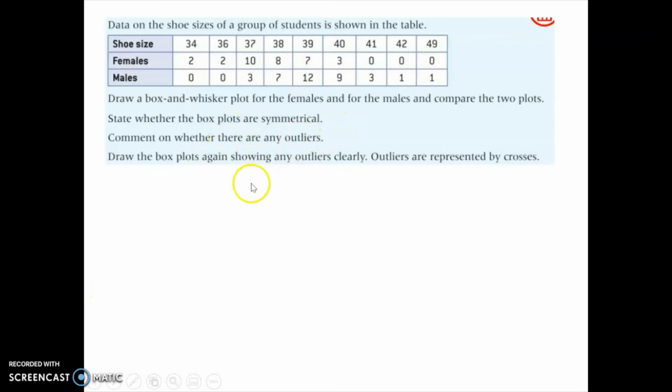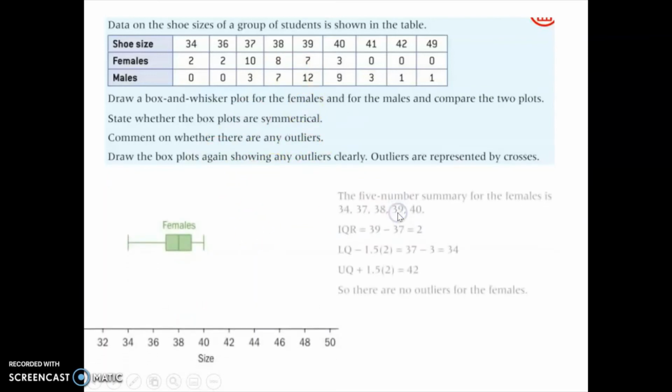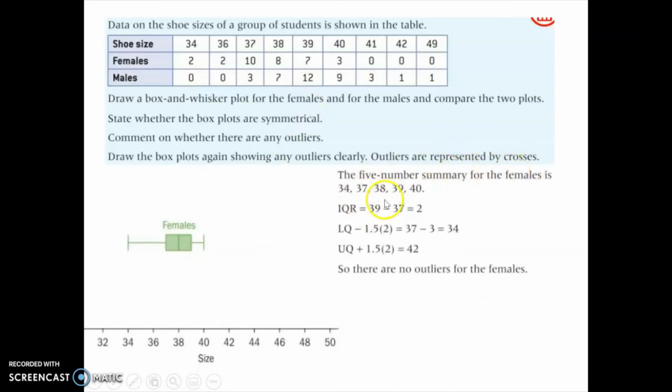Well, let's get started. First of all, I'll get you started on the females. So for females, our 5-number summary is this: 34, 37, 38, 39, and 40. Where did those numbers come from? Well, this is the minimum, and we see the minimum shoe size for females is 34. This one is the maximum. We can see there are no females at these high shoe sizes. There are some here though, so 40.